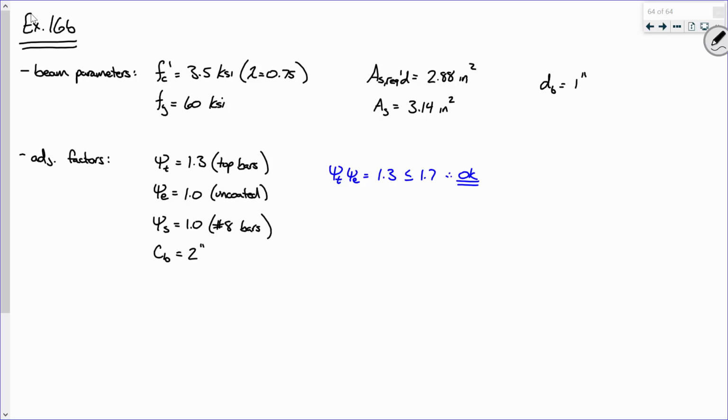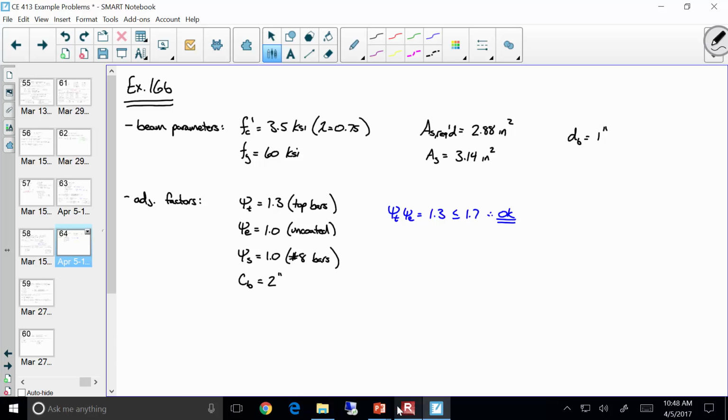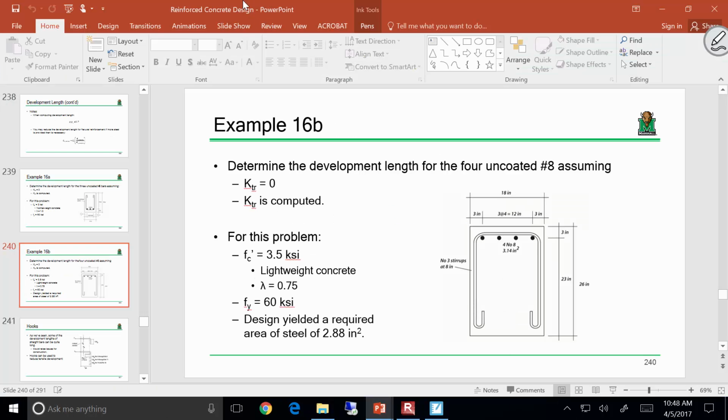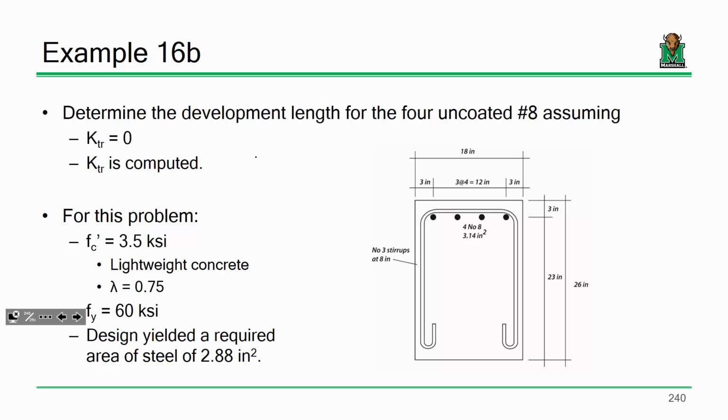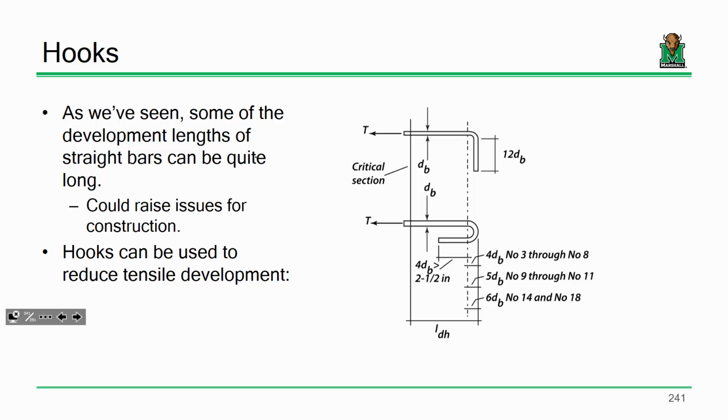I think I'm actually going to call it today because I do want to take a little bit of time and go into the reduction and how KTR affects it. So let me say this, so everybody's clear on it. Here's the slide that we're on right now. This is literally the next slide where we talk about hooks. So we will talk about hooks next. I know a lot of people have been curious about it.